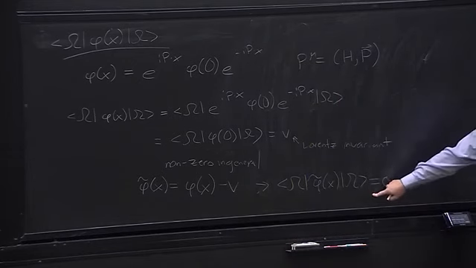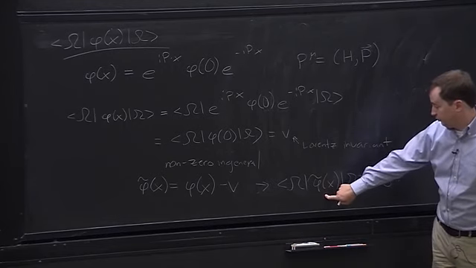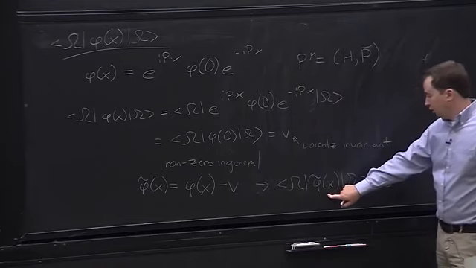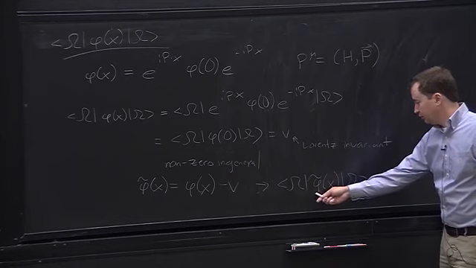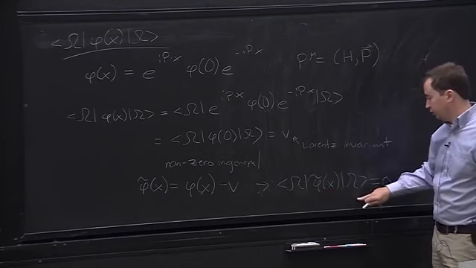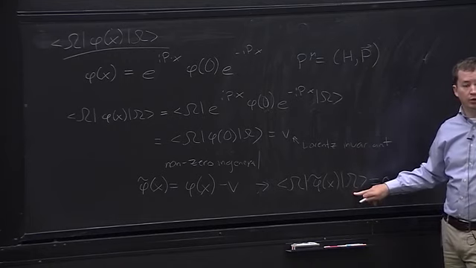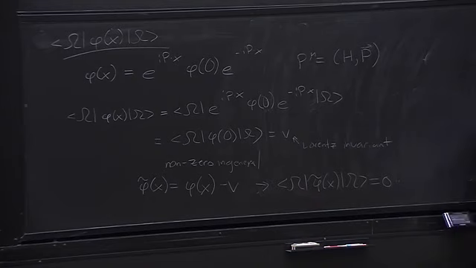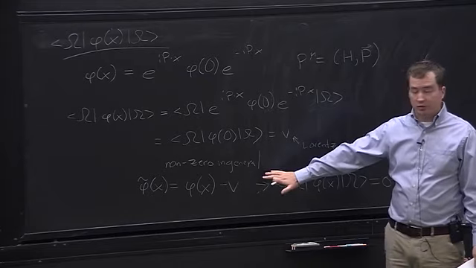And so we found a new field, which is related to our original field, which has no vacuum expectation value, and so it's at least so far consistent to interpret phi tilde of x acting on omega as a one-particle state, because it's different from the zero-particle state. So we can fix this.